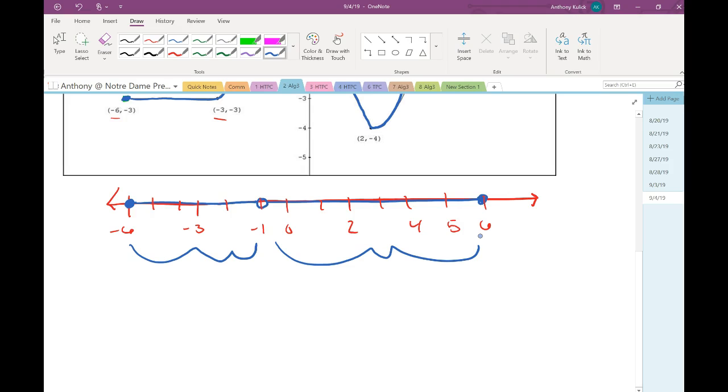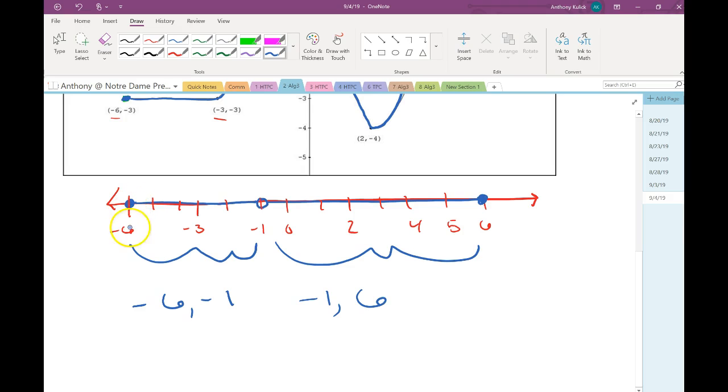There's a break in my number line where that open circle is. So I'm going to need two intervals. The first interval starts at -6 and ends at -1. The second interval starts at -1 and ends at 6. Everybody okay with that?